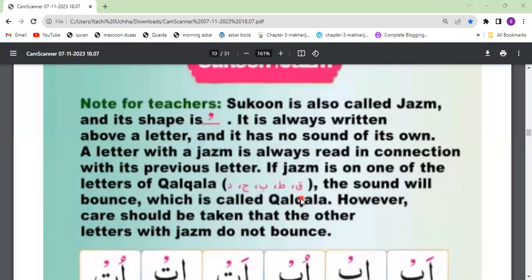So now we have certain letters. There are 5 letters: qaf, ta, ba, jim, and dal. If there's a sukoon above any of these 5 letters, then we are going to pronounce them with a jerking sound.